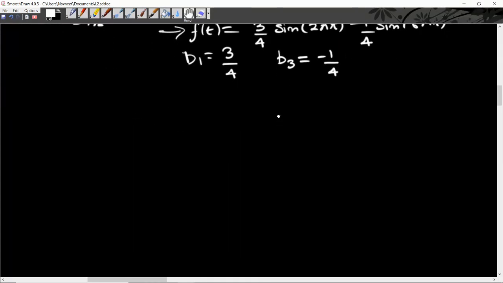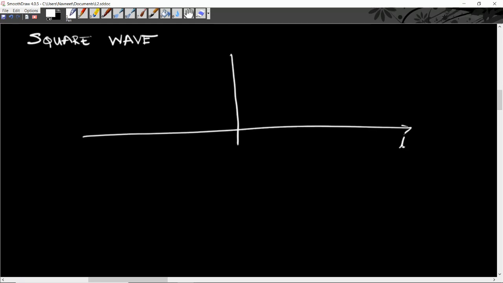The next example is to consider a square wave with time period T. So let's say we consider this square wave, which is defined by this function f of t.